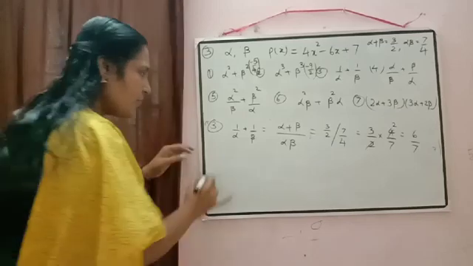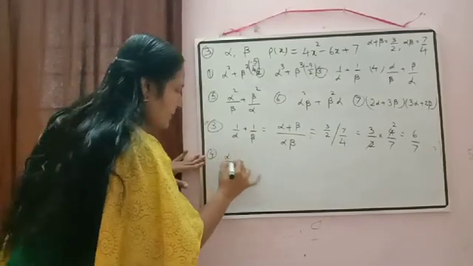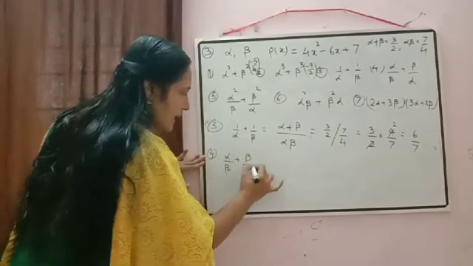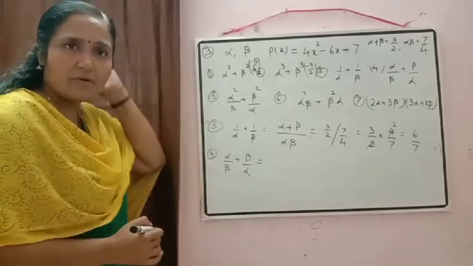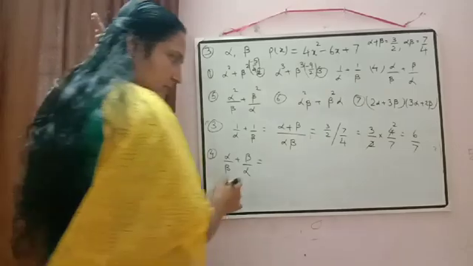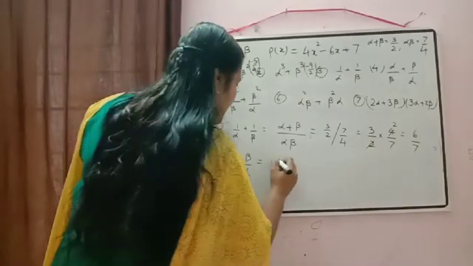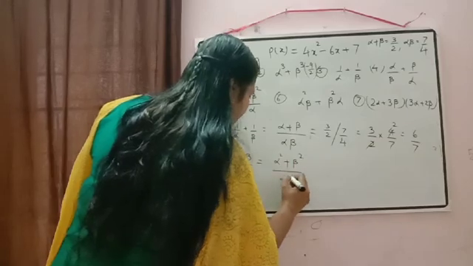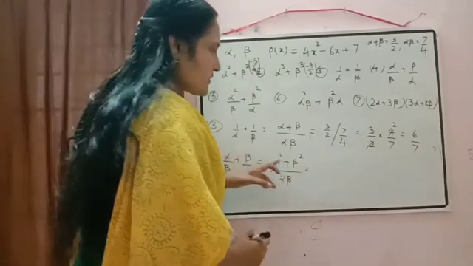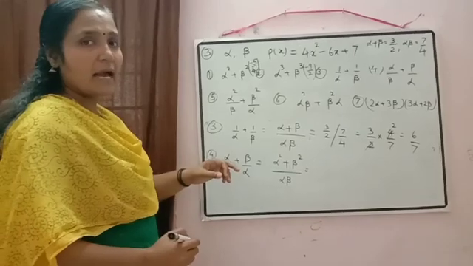Okay. Then fourth one is alpha by beta plus beta by alpha. Here also if fractions are there, then what we can do? Cross multiplication. So just to do the cross multiplication, we will get here alpha square plus beta square by alpha beta. Alpha square plus beta square, just now we have calculated the value.